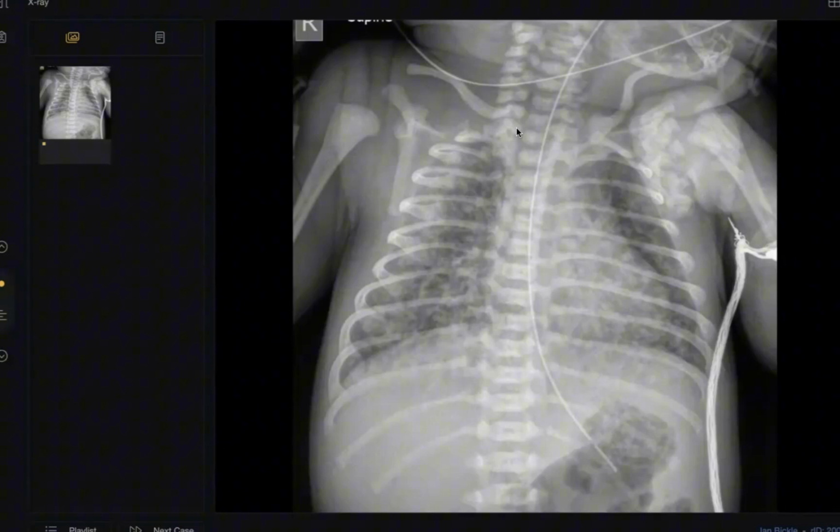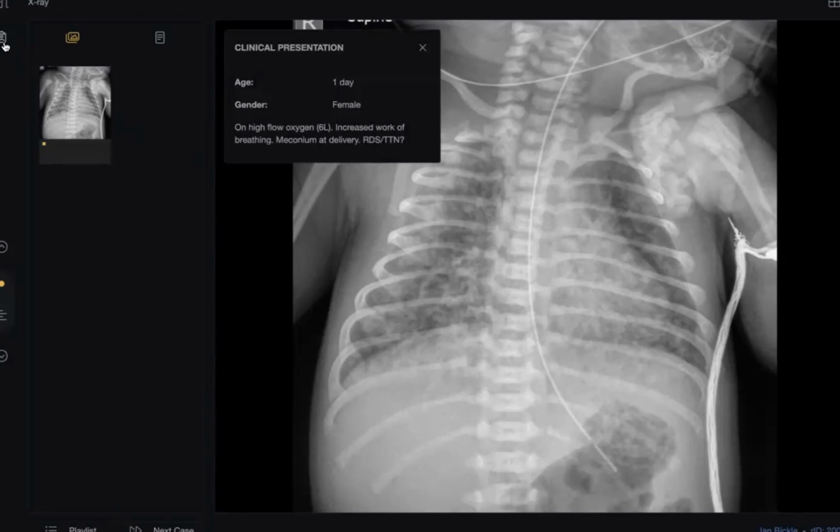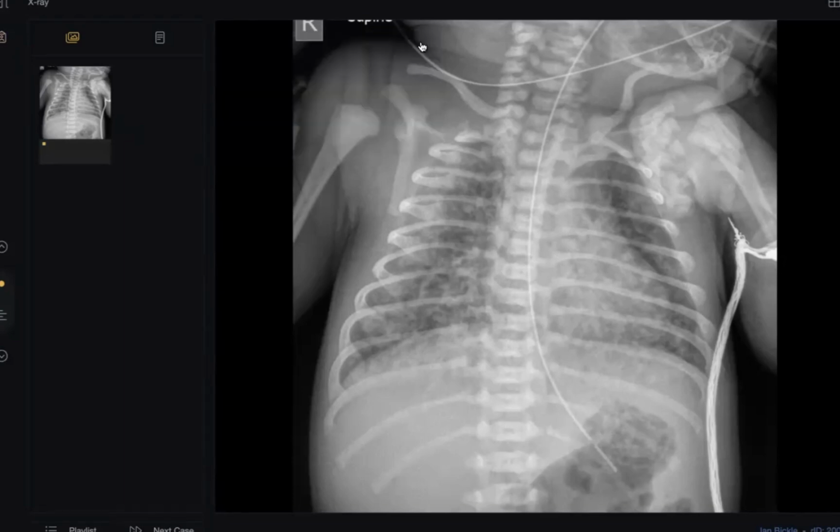By our eyes, this is not reduced and maybe hyperinflated. Number two, asymmetrical patchy opacities. Number three, you can ask the doctor whether this is post-term or preterm. This is your right, and he will tell you.